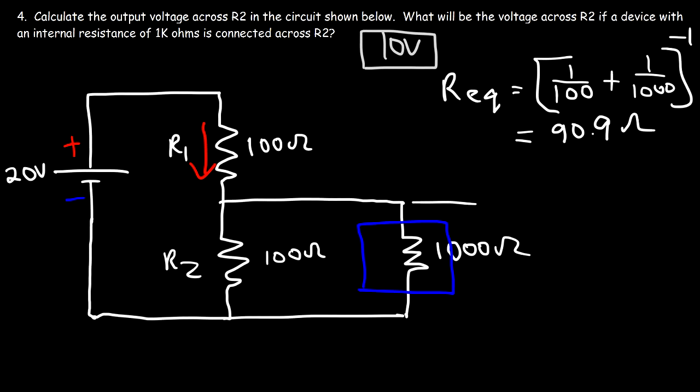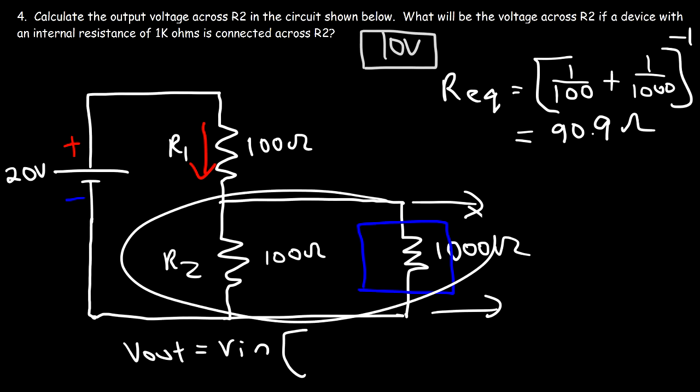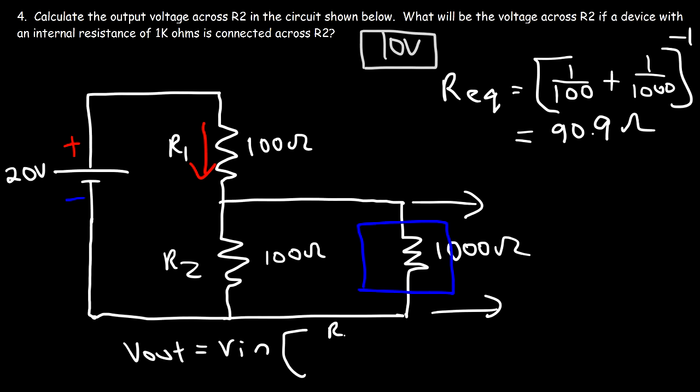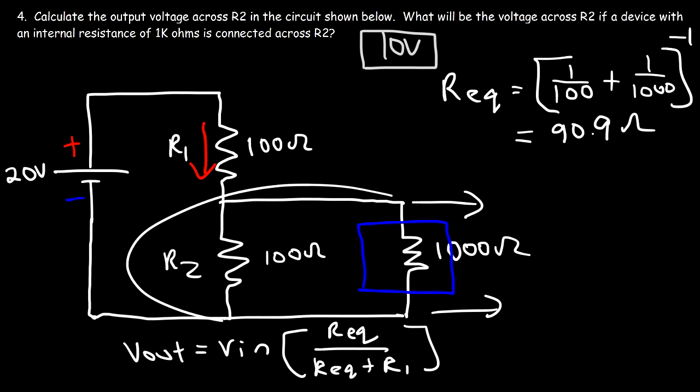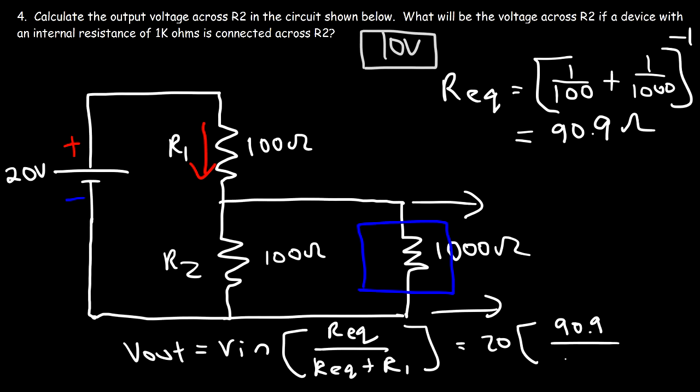So now we can calculate the output voltage using the same formula. It's going to be the input voltage, but instead of R2, we're going to use the equivalent resistance of that circuit. So it's going to be the equivalent resistance of those two resistors divided by the equivalent resistance plus R1. So you can treat the equivalent resistance as the new R2 value. So the input voltage is 20, the equivalent resistance is 90.9, and it's going to be divided by 90.9 plus 100.